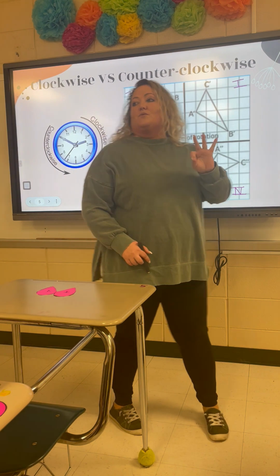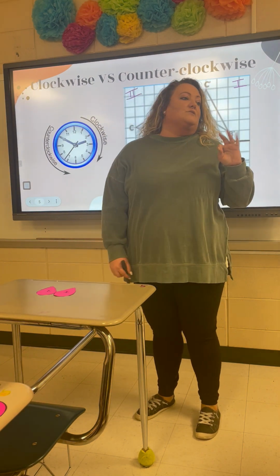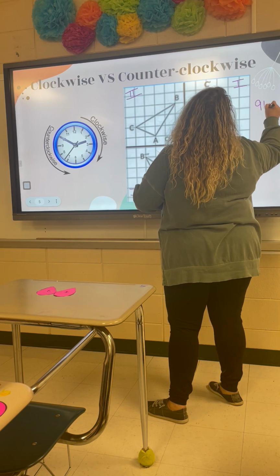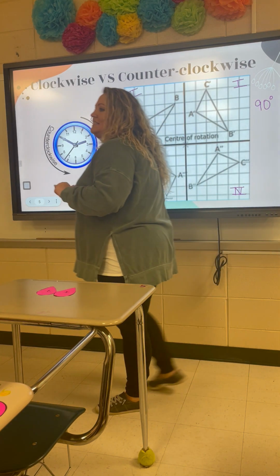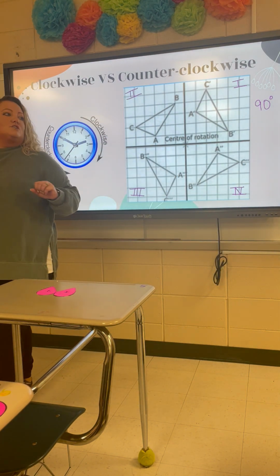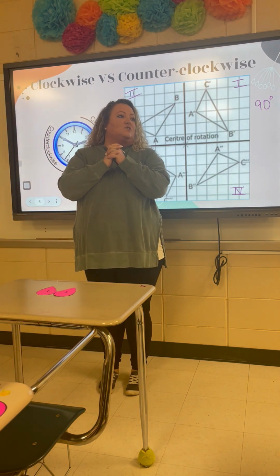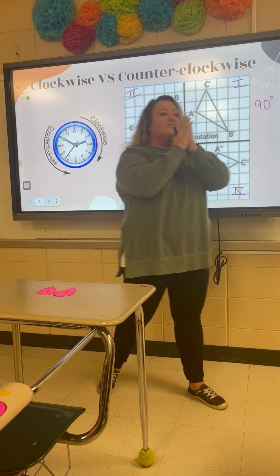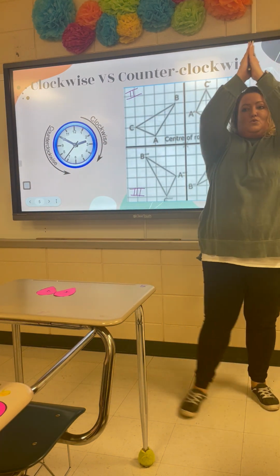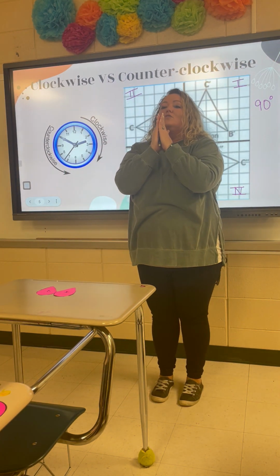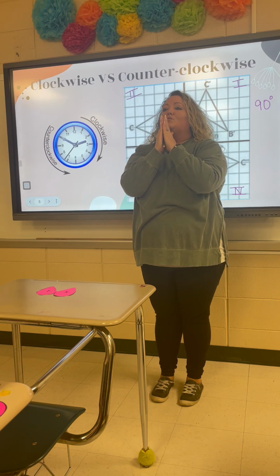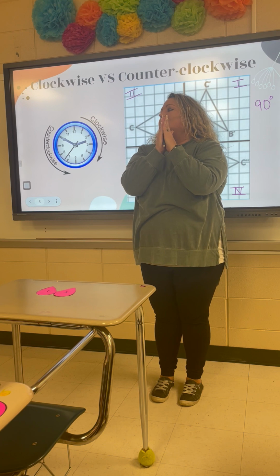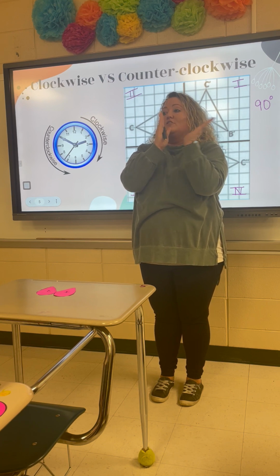Okay. So next is to talk about the degrees of rotation. There are only 3 degrees of rotation that we're going to be using. And that first one is a 90-degree rotation. So think about 90 degrees. You know a lot of 90 degrees, probably a 90-degree angle. Okay? But if the hands on the clock are pointing at 12, and you do a 90-degree rotation, what number clockwise would the hands be pointing at then? 3.